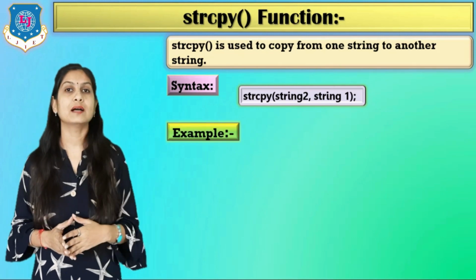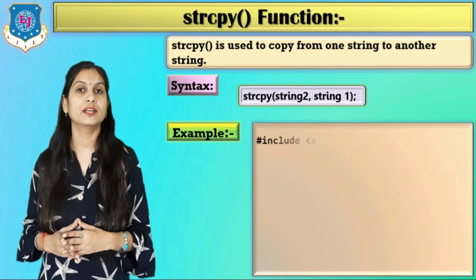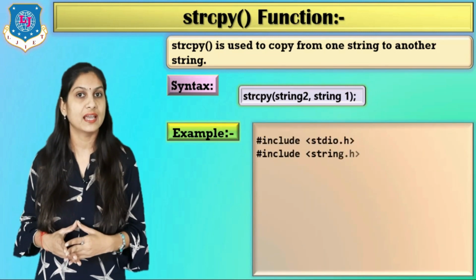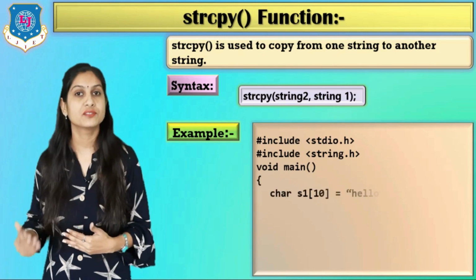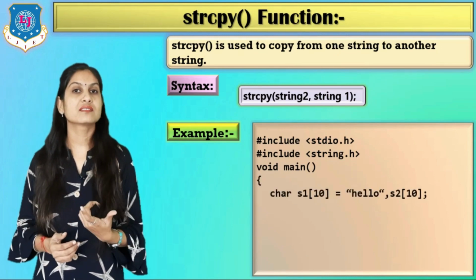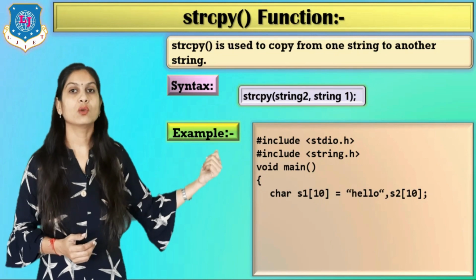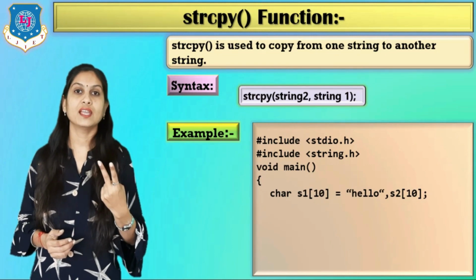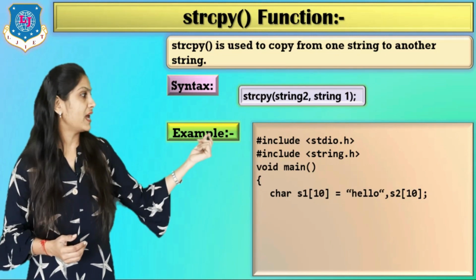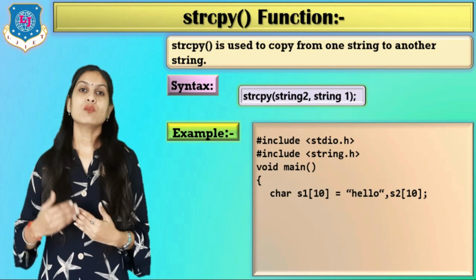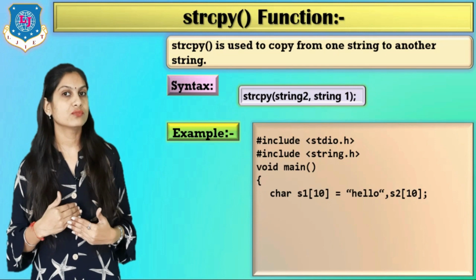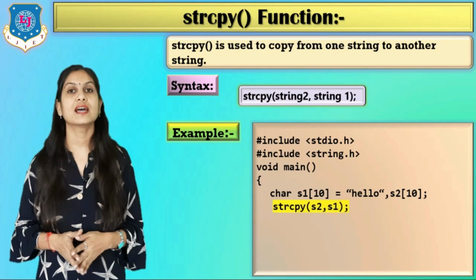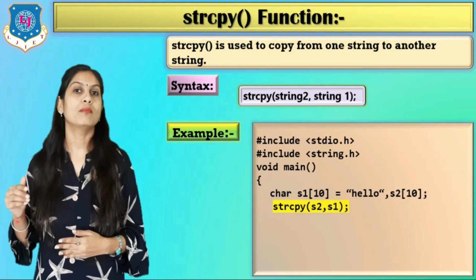Just see here the example. First include both the header files stdio.h and string.h, and inside void main we have to declare the strings. Here the first string is char s1 equals hello, and the second string is right now blank, so s2 of 10 is there. Now we have to copy the s1 data into s2, and for that we use the function strcpy s2 comma s1.